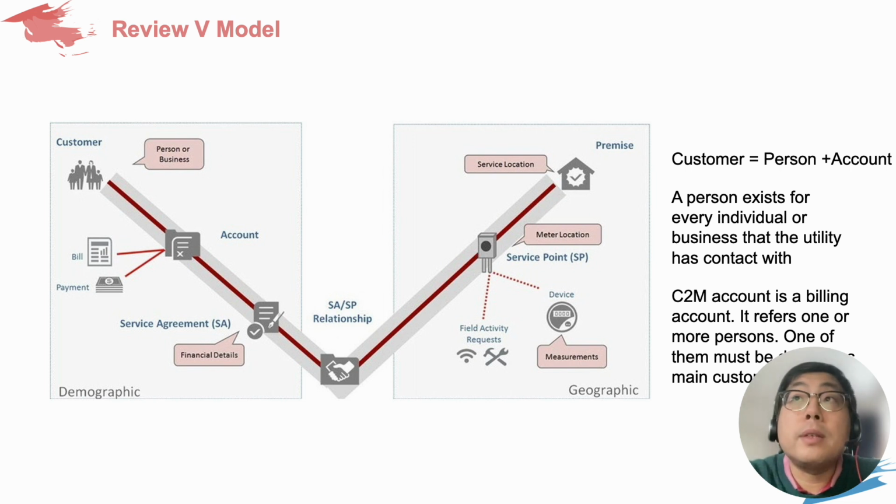So a person exists for every individual and business that the utility has contact with. So let's not just restrict customer as the person.